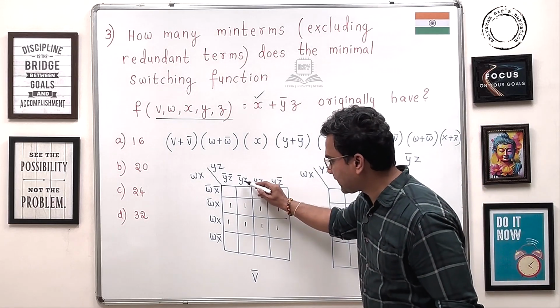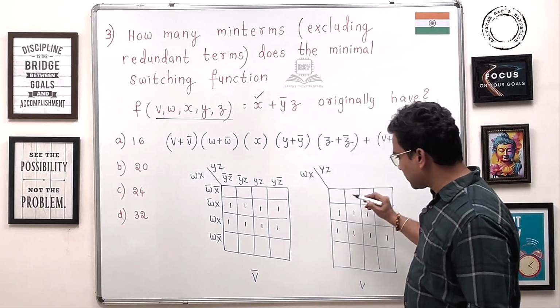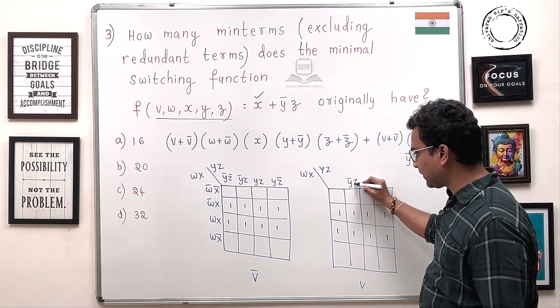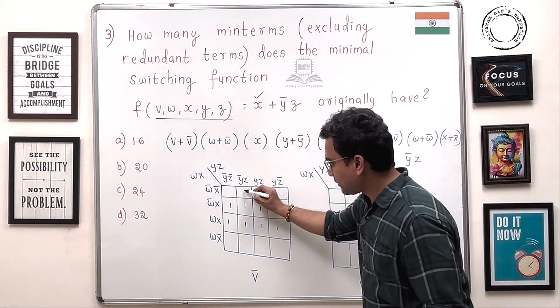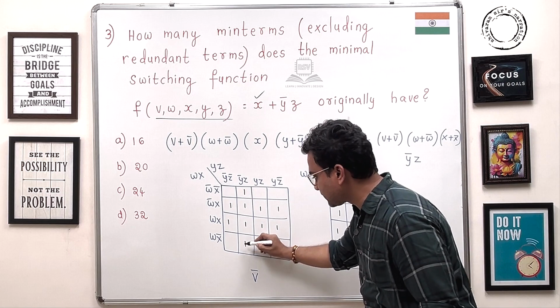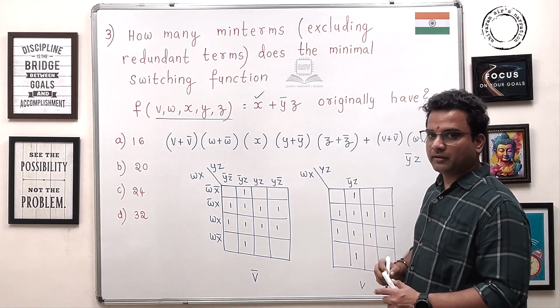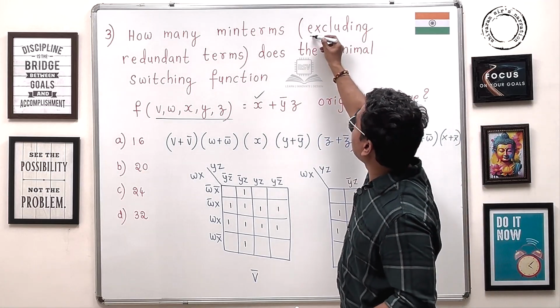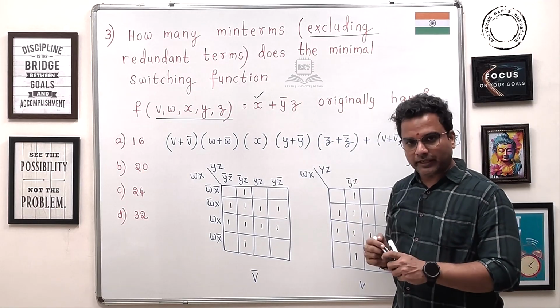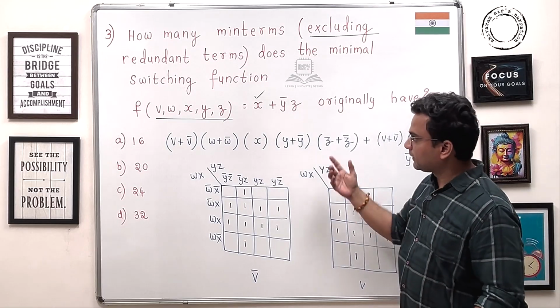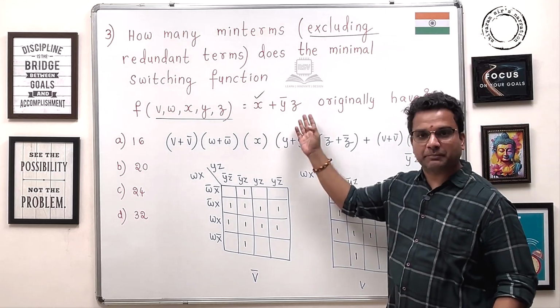Here y bar z is there, here also y bar z is there, because this is also y bar z only. Hence you take all of them. Yes, taken. And he told excluding redundant terms. Then how many min terms are there for this particular function x plus y bar z?